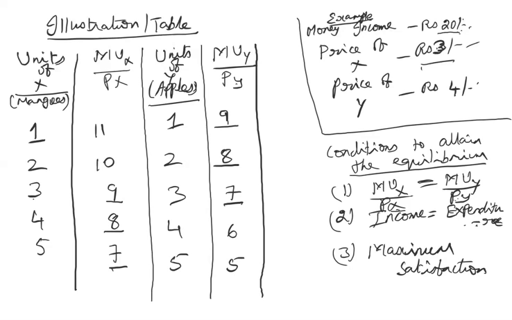Either he can buy 3 units of commodity X and 1 unit of commodity Y, or 4 units of commodity X and 2 units of commodity Y, or 5 units of commodity X and 3 units of commodity Y. These are the combinations which satisfy the first condition. Out of these three, which will he choose? Let us check the second condition: total income must be equal to expenditure.